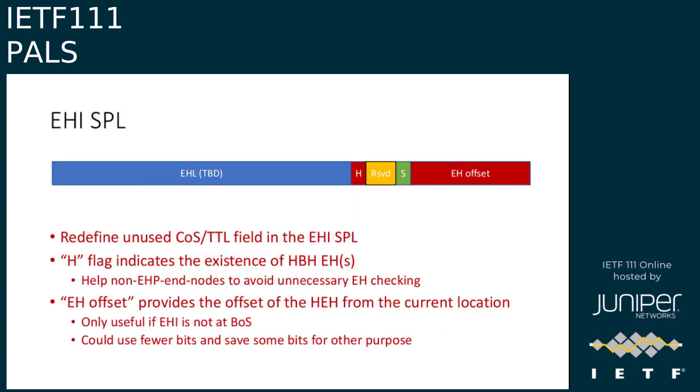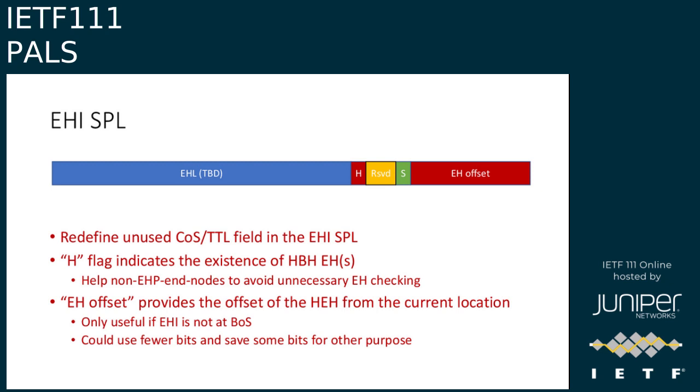Yeah, so in these slides, we show a proposal for how to encode this extension header indicator special purpose label. The first part, the label part, just needs to claim a new special purpose label number. And the TC field, we redefine to be a flag field.